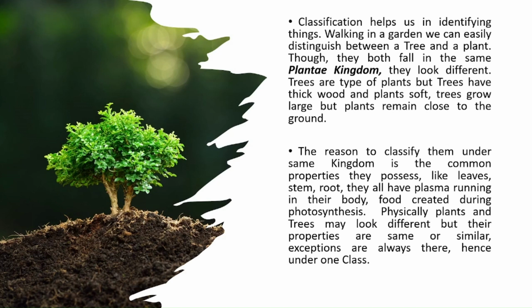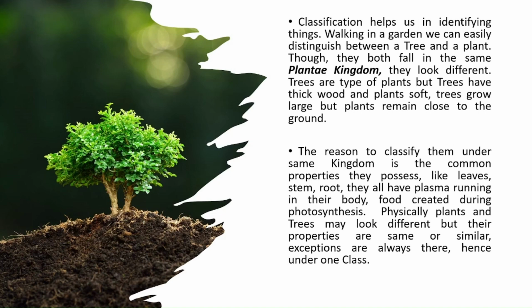Like if I have furniture and if I have a chair, I can easily say this belongs to the furniture class. So walking in a garden, we can easily distinguish between trees, plants, shrubs, herbs. So we know that this is the plant kingdom, and they may look different, but may have similarities. Trees, we know, plants, they have certain categories which are similar, but we know that a tree would be having a thick wood and plants would be having a soft body.